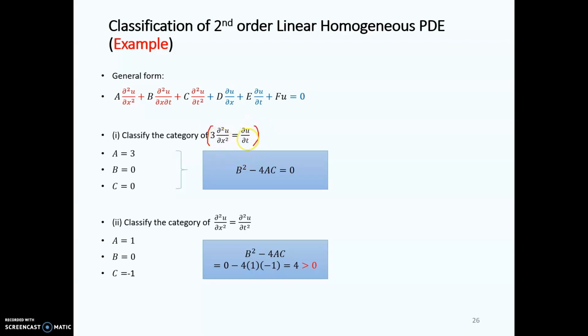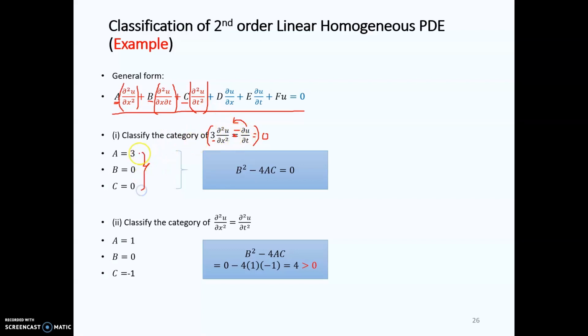So you need to arrange it according to the general formula here. We need to move this term to the left hand side, then you obtain negative du over dt, which is equal to 0. By comparing the coefficients for the second derivative here, you see a is equal to 3 here, b and c are equal to 0 because you don't have this component here.